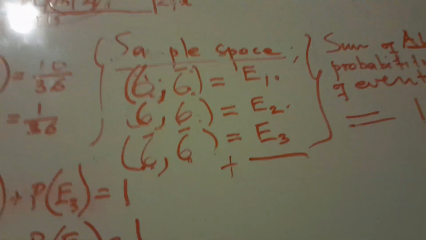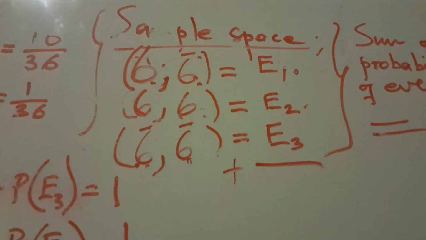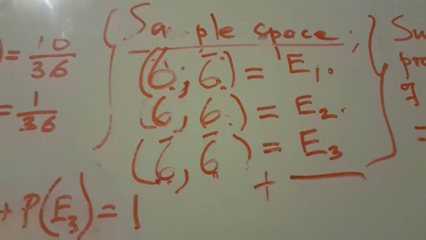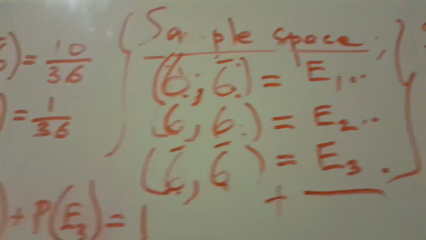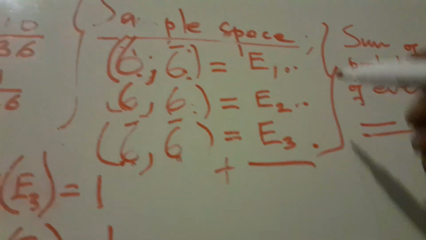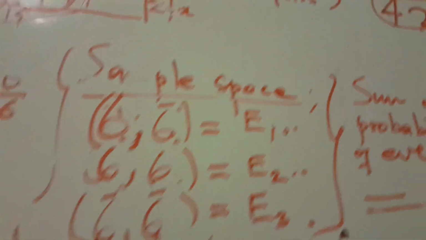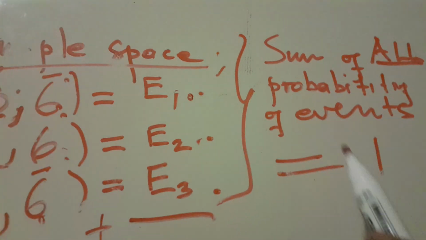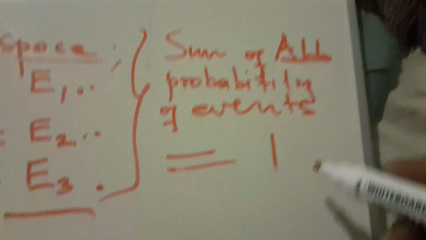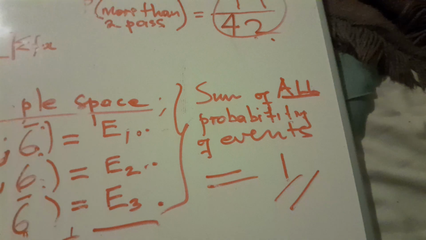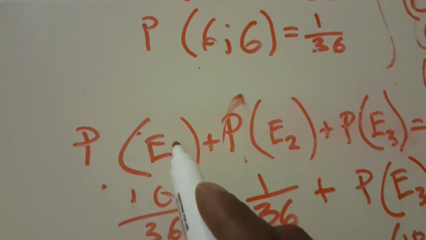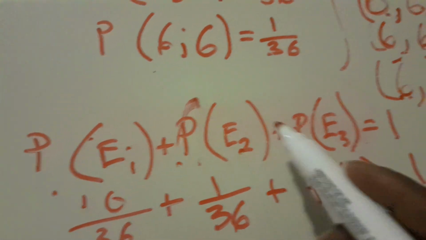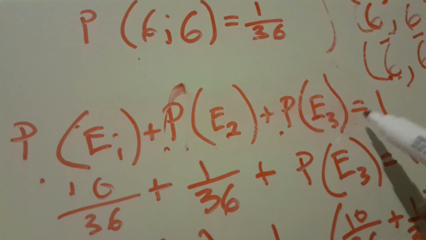And there's 1 law of probability: the sum of all the probabilities of events in the sample space is 1. So what am I saying there? Probability of event 1 plus probability of event 2 plus probability of event 3 equals 1.